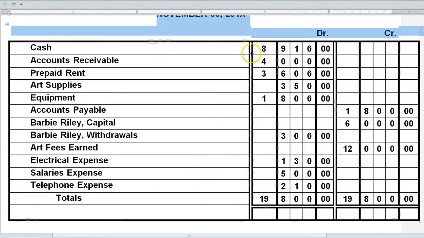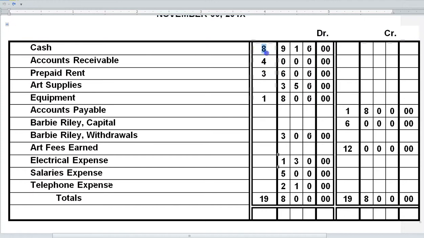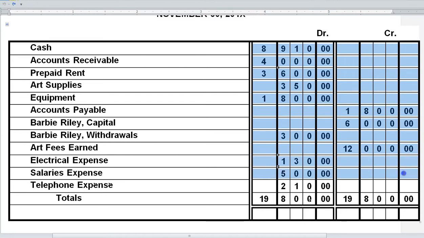And there you can see, and your reference back to the ledger will show 8910, 4000, 36, 350, all as debits. Then we came into the accounts payable, where the account balance is 18 and 6, the withdrawals account 3, the fees, the revenue account 12,000, the electrical, the salaries and telephone expenses to get your final trial balance of 19.8.